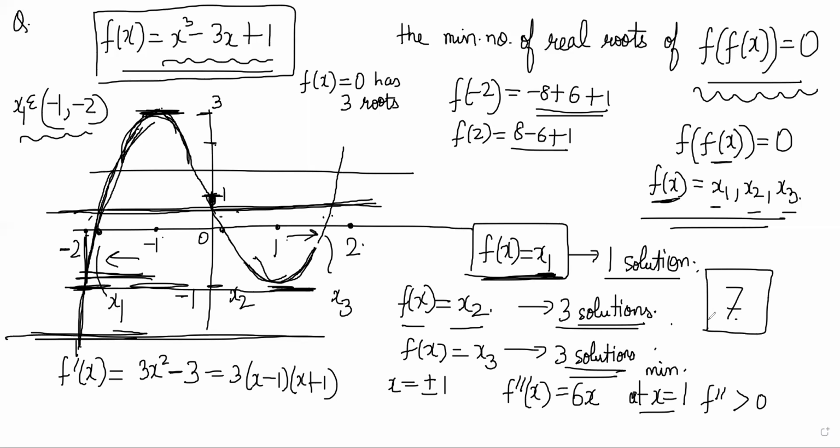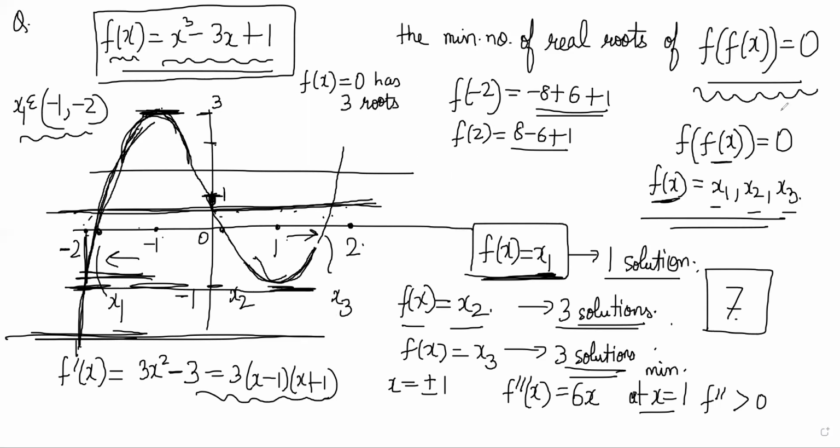Are you understanding what is happening? First, we figured out the graph of f of x and figured out when f of x becomes 0, right? Right. Once we got the graph by doing maxima and minima and finding some values at 0, 1, -1 and so on, we found out that the roots lie between -1 and -2, between 0 and 1, and between 1 and 2, right?